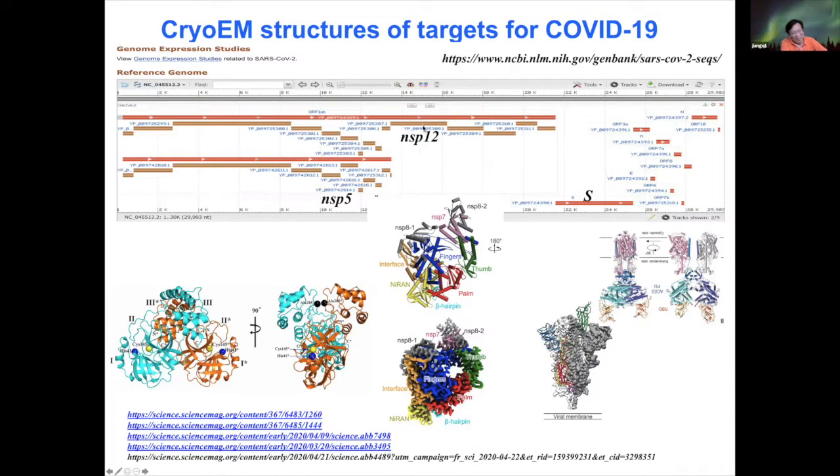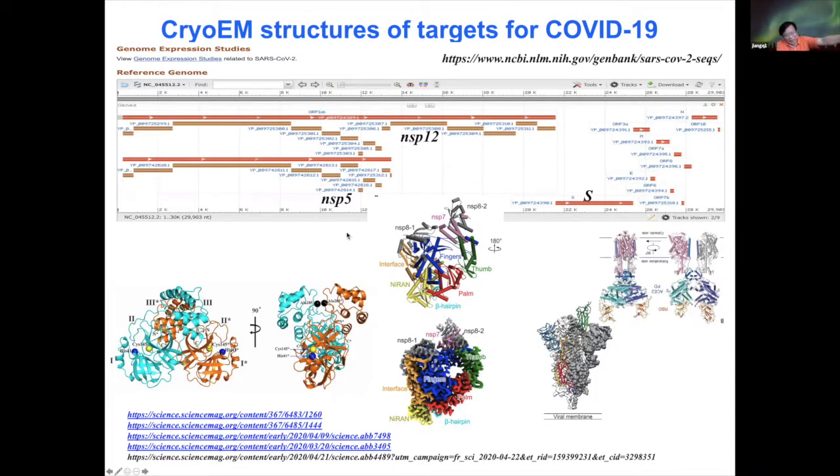The 3 main examples that are being used for druggable targets are the NSP5, non-structural protein 5, which is the main protease important for activating the virus before its cell entry. NSP12 is the polymerase, which is important for the viral replication. S is the spike protein, which is the one important for the interaction of the virus with the cellular receptor.